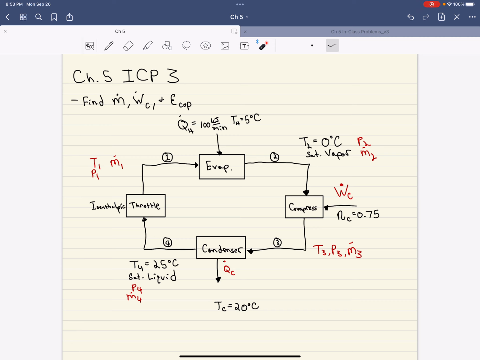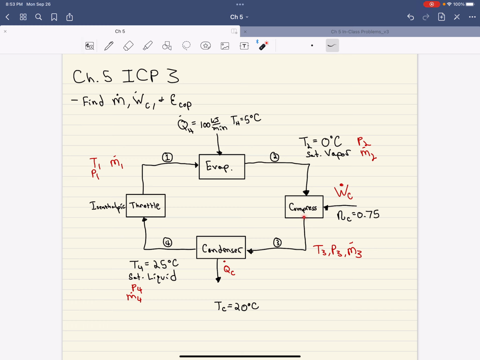This saturated vapor is then put into a compressor that increases the pressure of the fluid. We're told there's some work rate going into the refrigerant, and that the compressor operates at an efficiency of 75%.